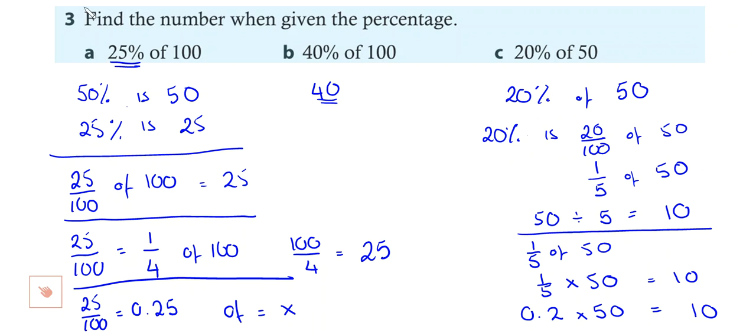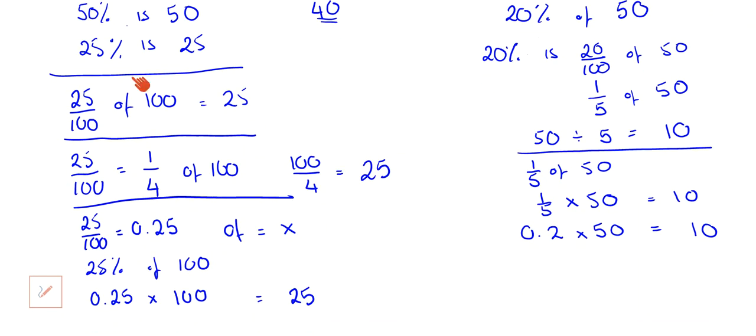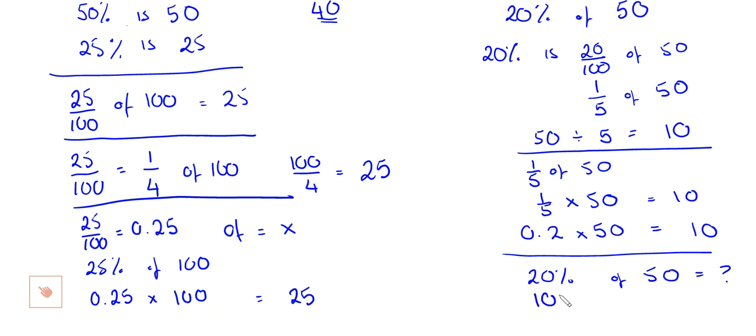Let me think of it maybe a slightly different way. If 20% of 50, we want to know what that is. Okay, well, could we work out what 10% of 50 is?